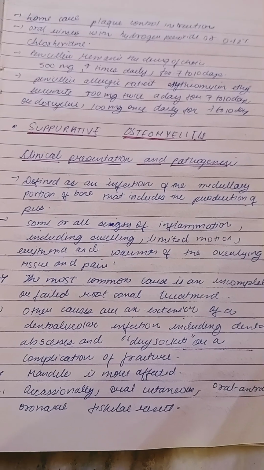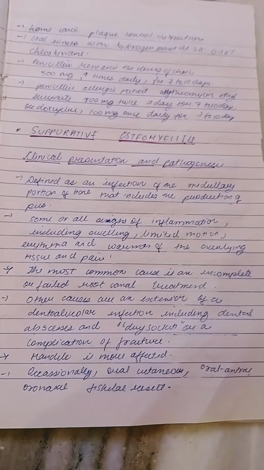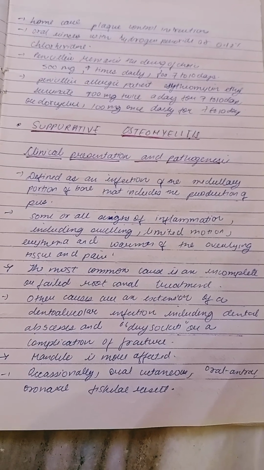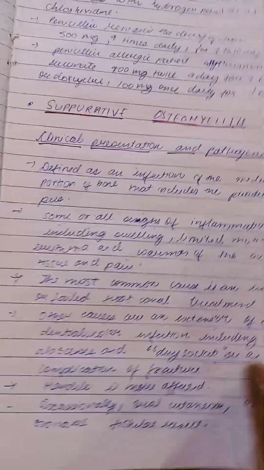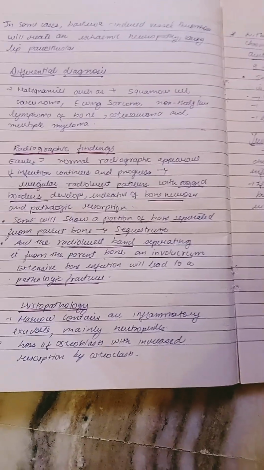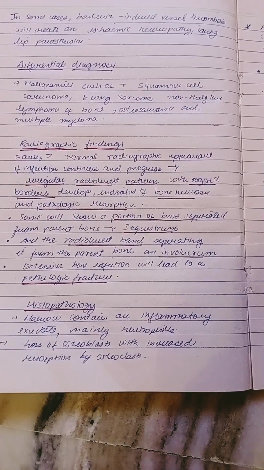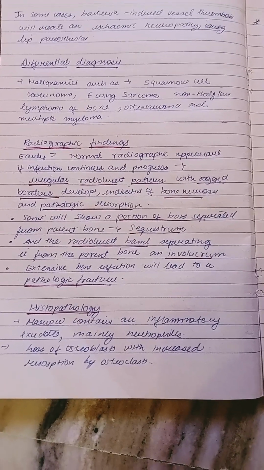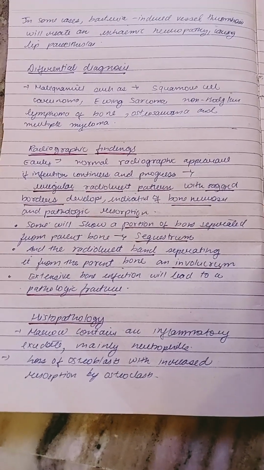Mandible is more commonly affected. Occasionally, an oral cutaneous, oral antral or oronasal fistula can be seen. Now, in some cases, bacteria-induced vascular thrombosis will create an ischemic neuropathy causing lip paresthesia.